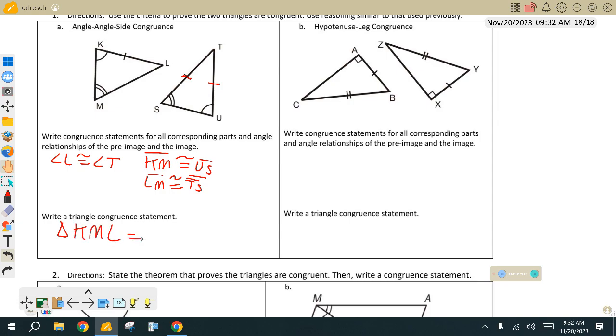However you name that first one, I don't care. But now that you've locked in the first one, it determines the second one. K goes with what? U. Then M goes with S, and L goes with T. Do pay attention to small details, all right?